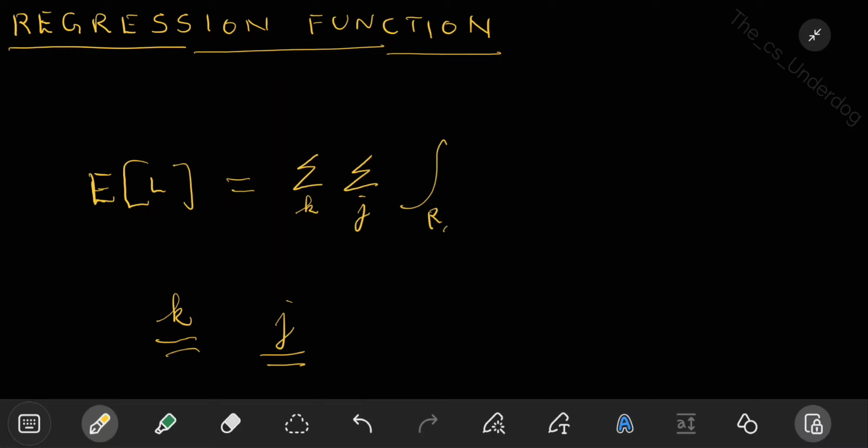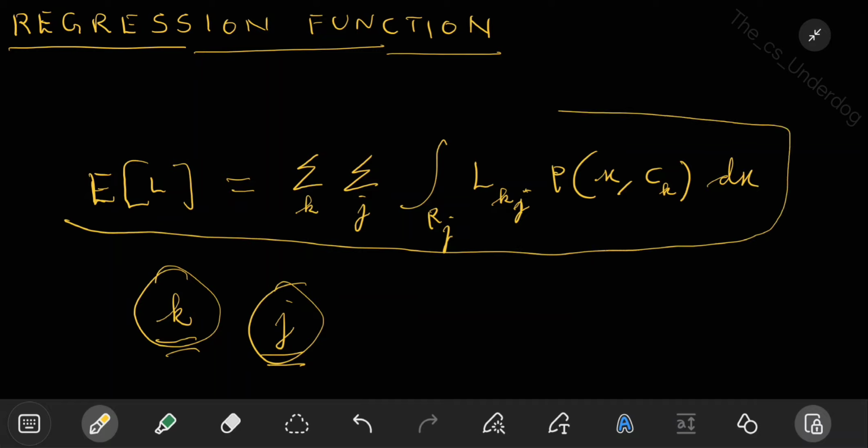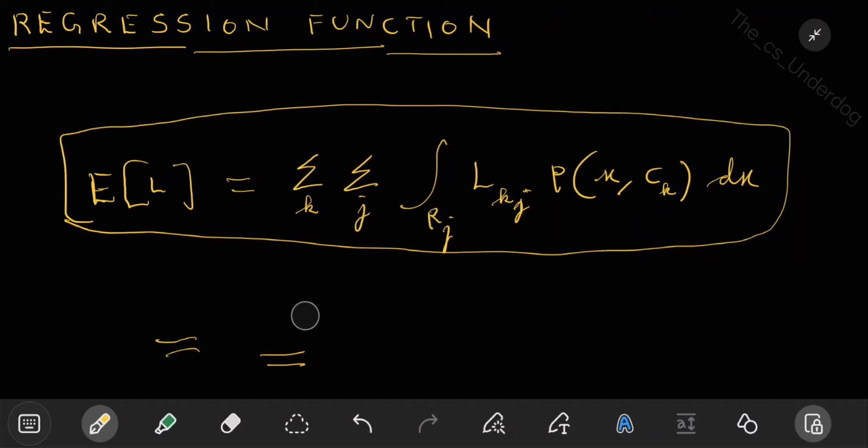Integral over Rj, where Rj is the region which belongs to the jth class. Then what is the loss? Lkj. So Lkj is the loss which corresponds to the case where k is the true class and j is the assigned class, right? Into probability of x, Ck, dx. This is what we found in classification. During the classification lecture, we said this is a loss function.